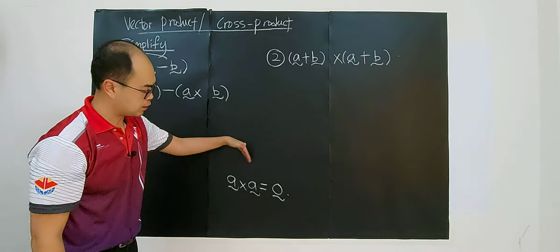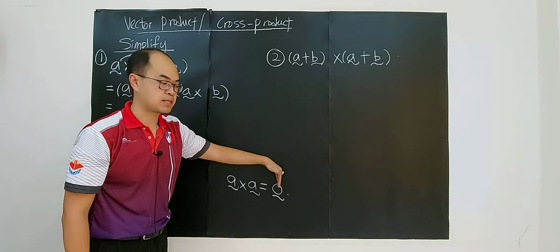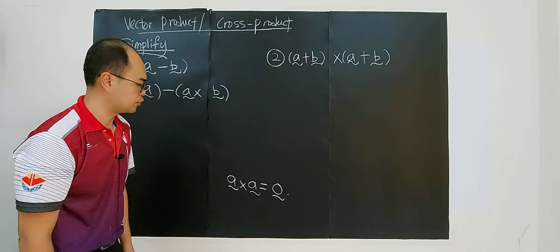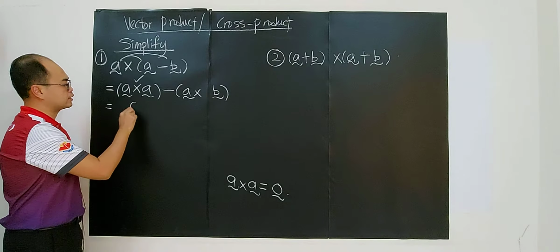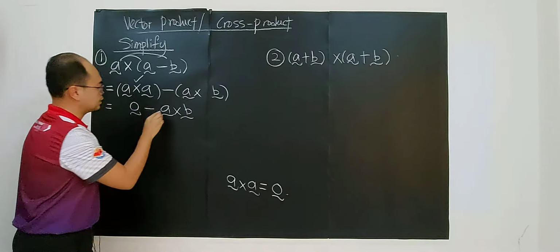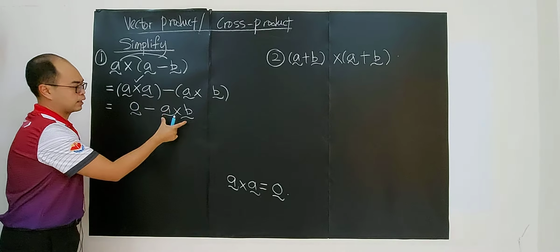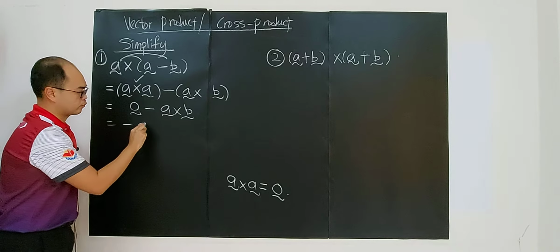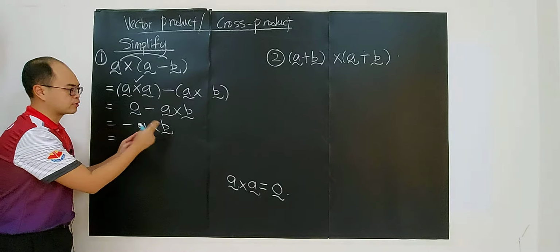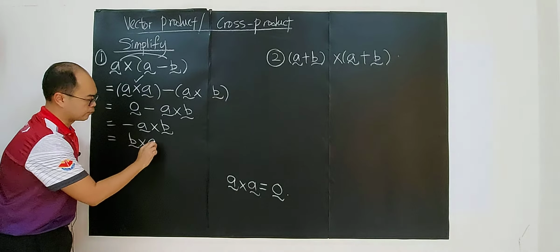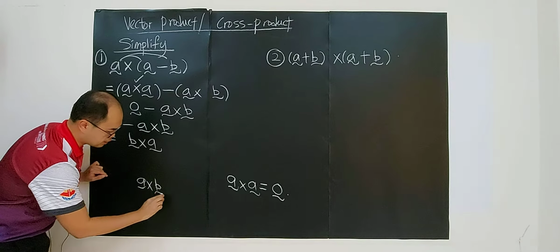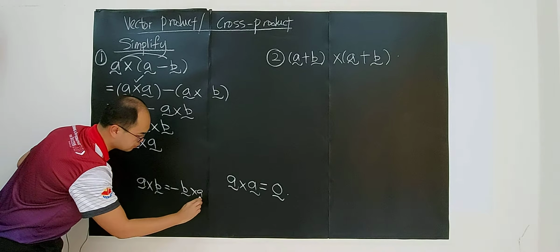I have explained why A cross A will be zero vector. It's based on the definition of vector product, the formula for vector product, so you can refer to that video for further information. And here you are getting zero vector minus A cross B. As zero vector, if you add with another, you just get back that vector, negative A cross B. Or you can rewrite negative A cross B by reversing it to B cross A, but it will become positive, because A cross B is the same as negative B cross A, right?